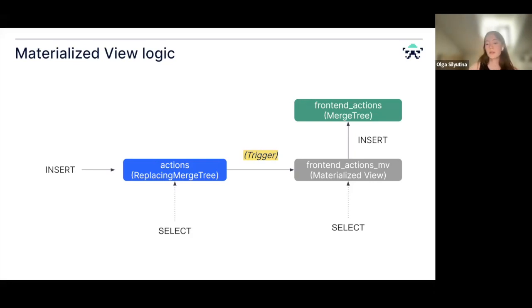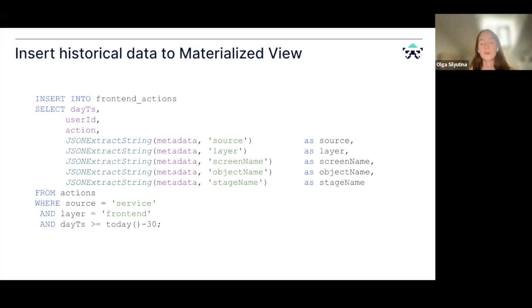In this case, you can also easily just insert new information with the same select into the same structure, just filtering on the date range that you would like. And it's really easy, as you see, to have filters like source and layer to get all the frontend logs being written into the frontend actions table. And I think that it's very useful when you have different data sources in your data lake.